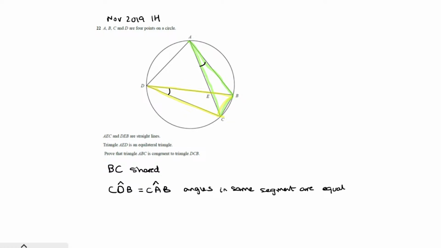I think you can use angles in the same segment for multiple of them, actually. If you look at it from a different angle, technically, wait, no. Yeah, you could work out, because they've obviously mentioned there's an equilateral triangle, right? We haven't actually used that information yet, have we, either?